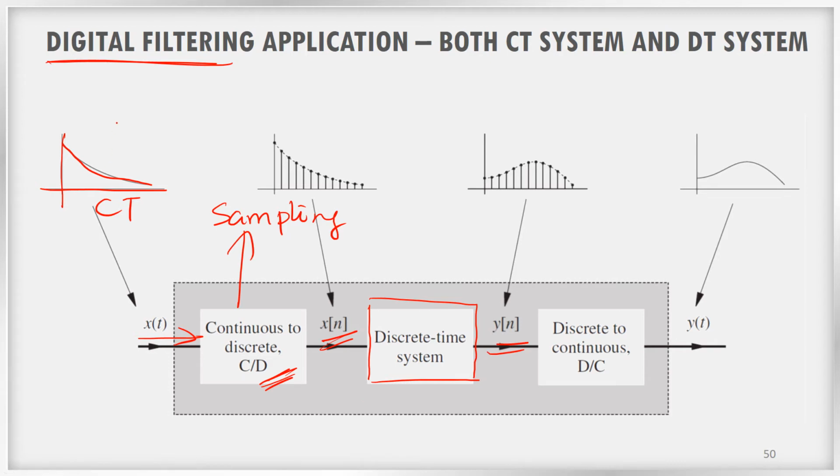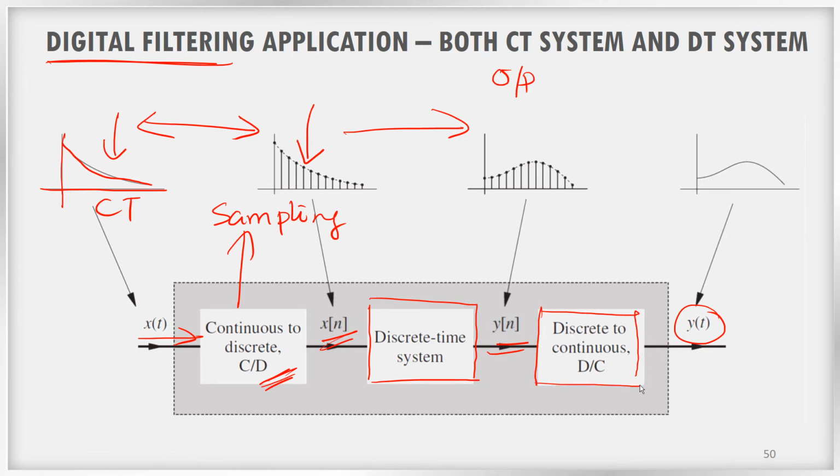Here you can see this is the CT signal, this is the DT signal converted from the CT signal, and now this is the processed output. Finally, in real life again we need continuous time signals, because we can hear or listen to only continuous time signals. So this module converts back these y of n signals, the discrete time signals, to continuous time signals y of t.